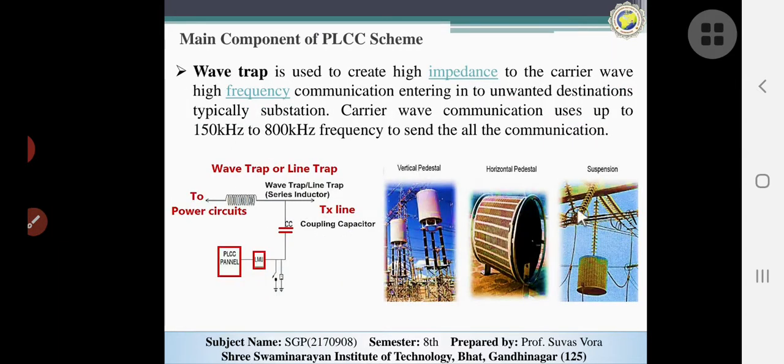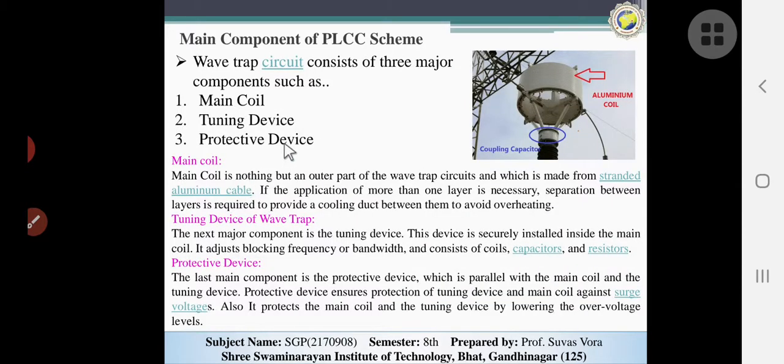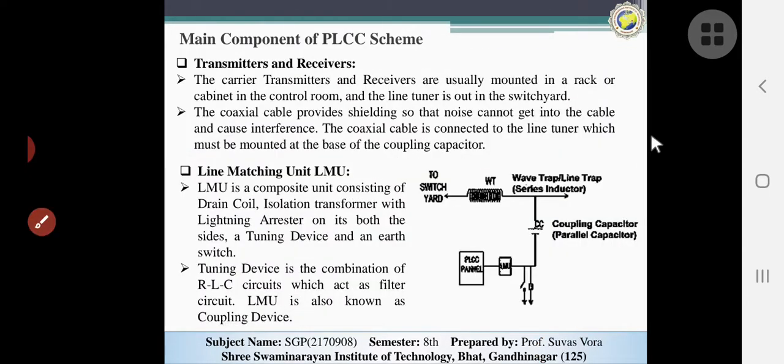Then the wave trap is a combination of RLC. The main components of the PLCC scheme are the main coil, tuning device and protective device. The main coil of the PLCC wave trap is the outer aluminum part. The line matching unit LMU you can see in the diagram.